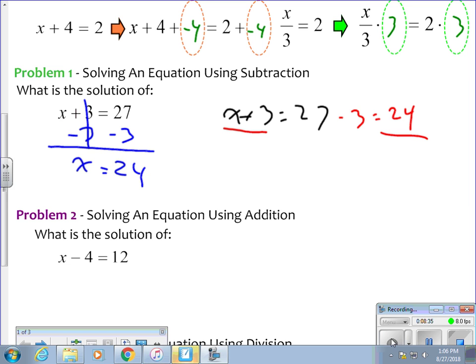You said that x plus 3 equals 27 minus 3, which is 24. So x plus 3 equals 24. That's wrong. That's why you don't work horizontally. That's where the biggest mistake comes from. Don't do that. It's no bueno.